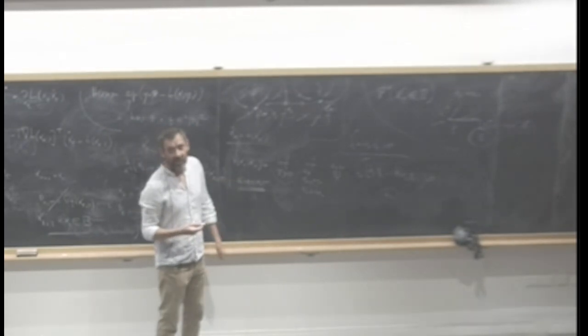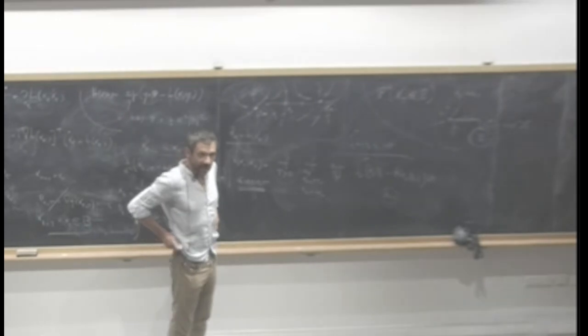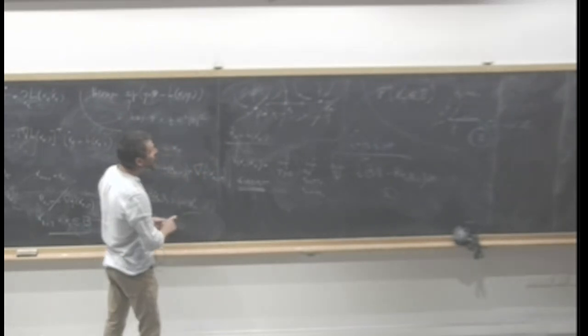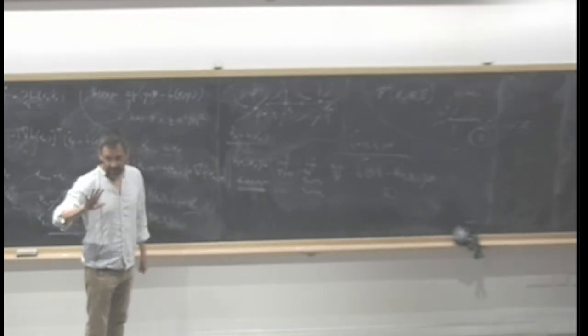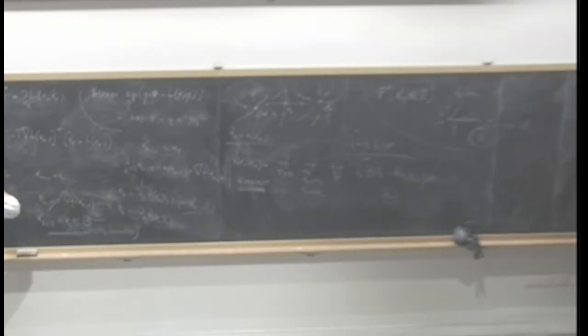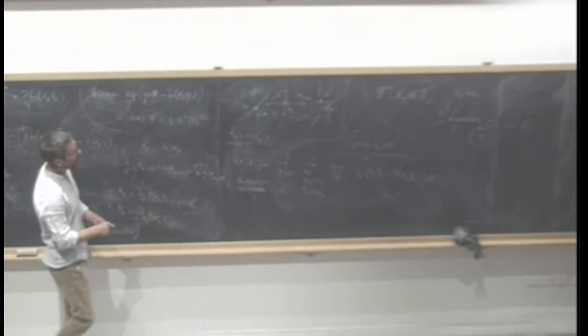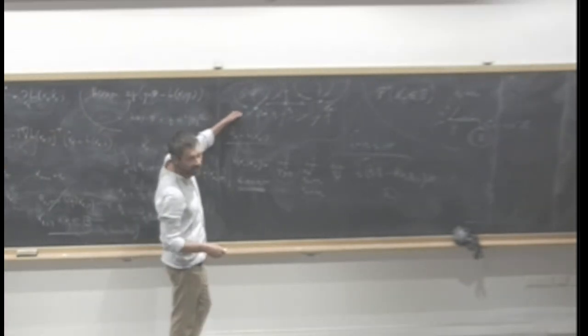Now I need 2 minutes to explain this. First, let's be clear about something. In general, this vector field here is not in gradient form. It's not minus the gradient of a potential. That means this is a non-gradient system.